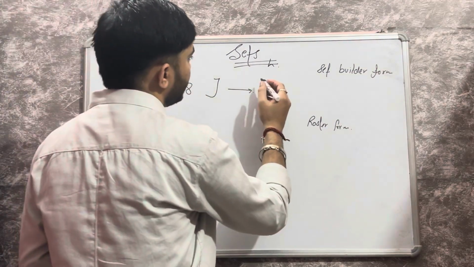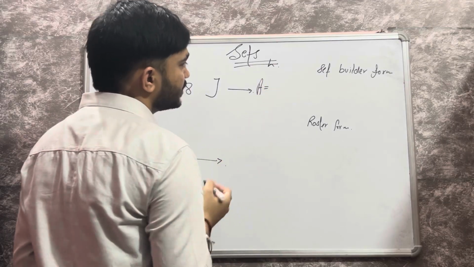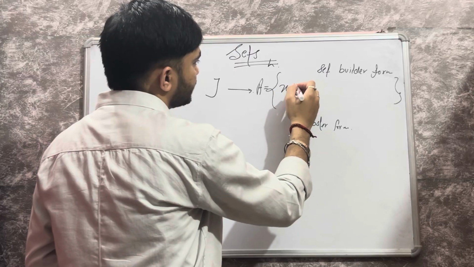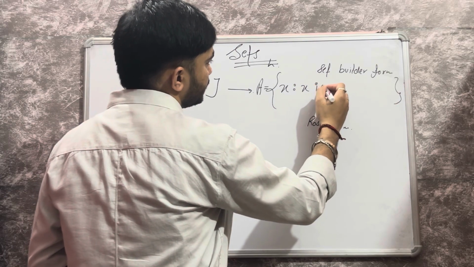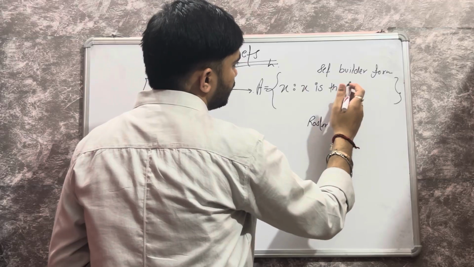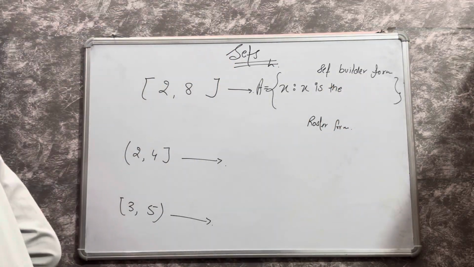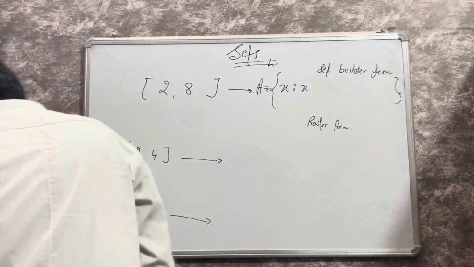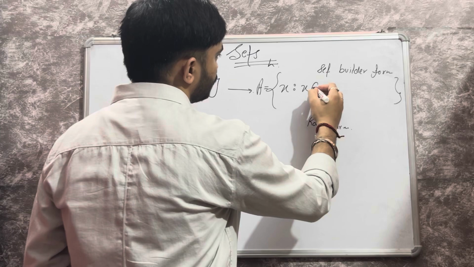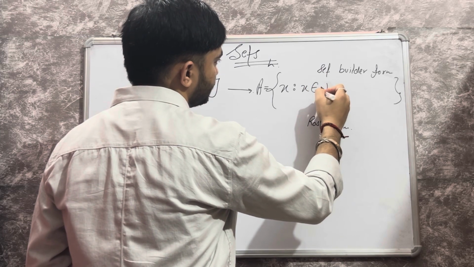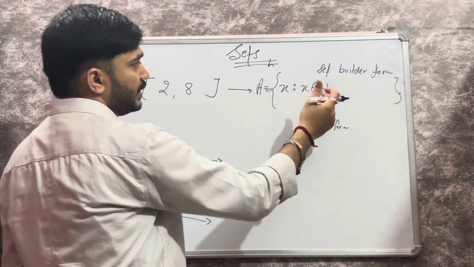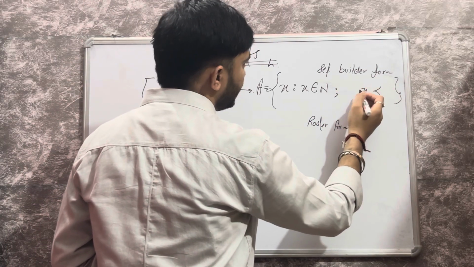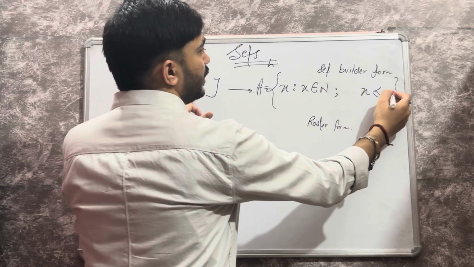Firstly, in set builder form, what are we going to do? Write the name of the set as we always do. Take the curly brackets. Write x, such that x belongs to natural numbers, where x should be less than or equal to 8.